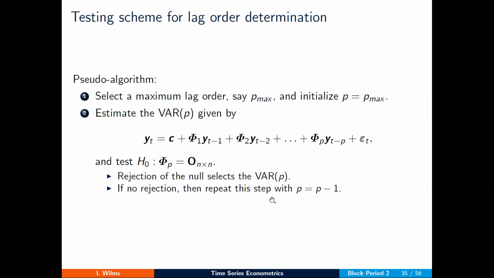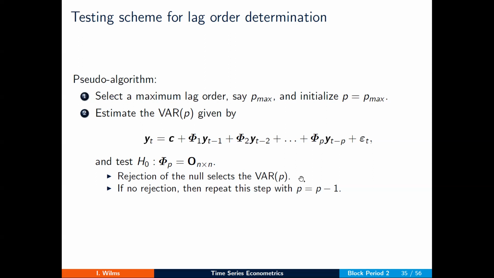Then you can just safely drop this 10th lag and re-estimate the model with only 9 lags, so 1 less. Again, estimate the model and test the null hypothesis then that the 9th lag coefficient matrix is jointly equal to 0. When would the procedure stop? Well, you would stop when you do reject the null hypothesis, and you can take that then as an estimate of your VAR order.